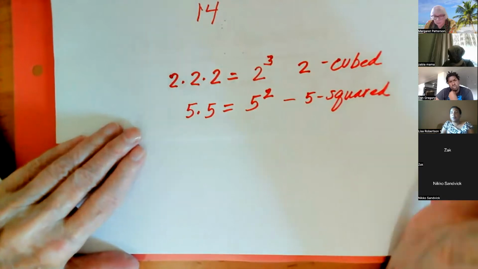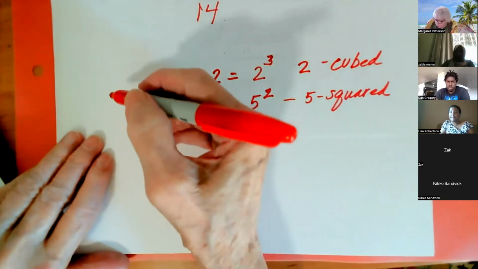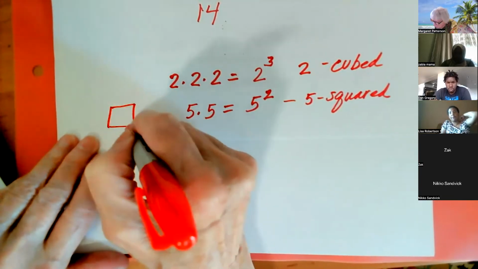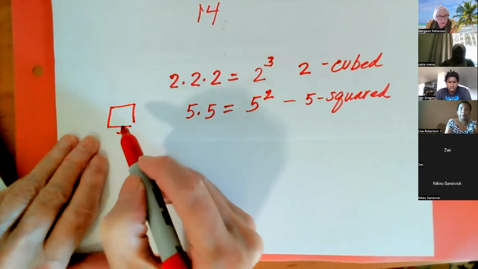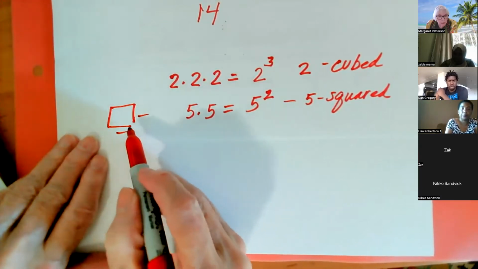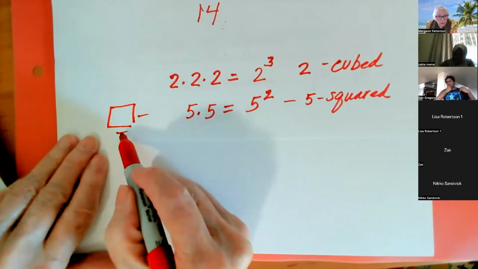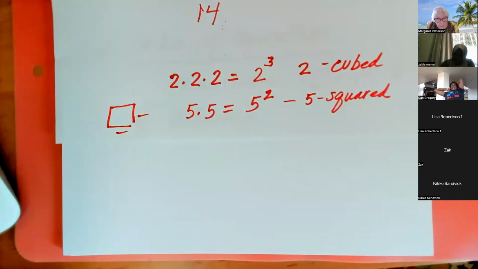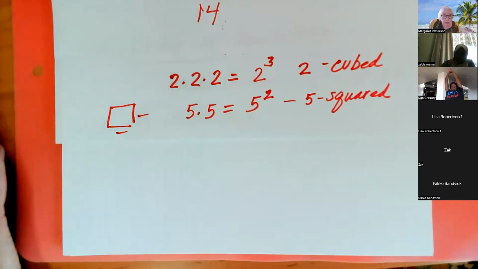Cubed. This is coming out of geometry. When you have a square, you multiply the two sides. If this was 5, this would be 5, that would be 5 squared. But when you go to the third power, what happens?